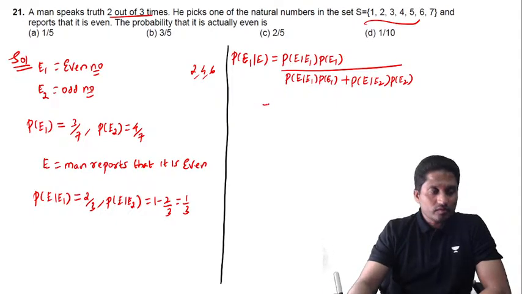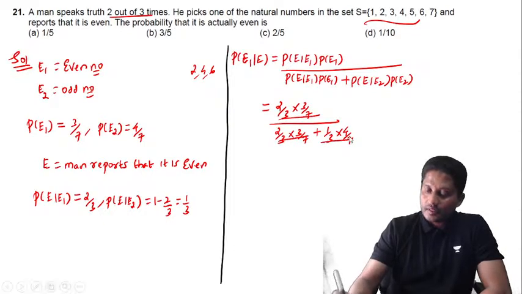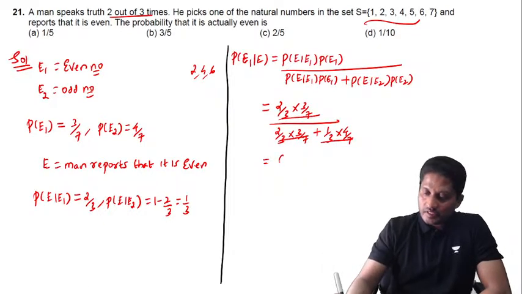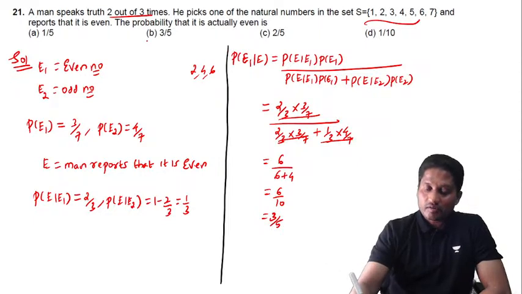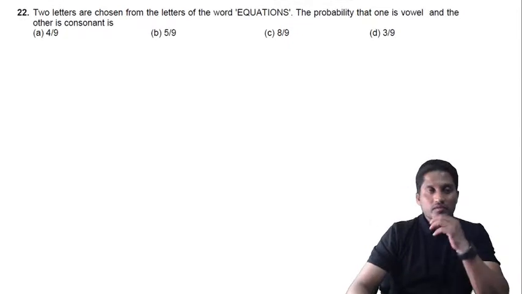That is equal to: P of E given E1 is 2 by 3, P of E1 is 3 by 7, so 2 by 3 into 3 by 7. P of E given E2 is 1 by 3, P of E2 is 4 by 7. So this will cancel, and you will get 6 divided by 6 plus 4. That is 6 by 10, which is 3 by 5. Okay, answer is option D. So it's a question on Bayes theorem. Question number 22.